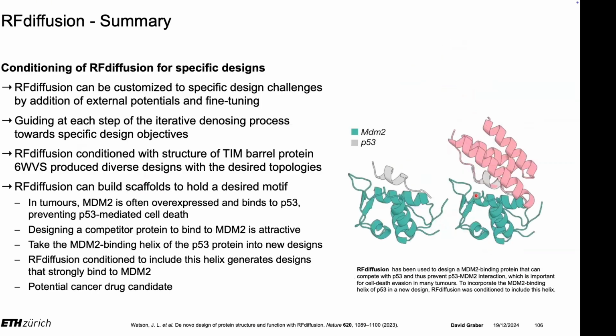Another thing they showed in their paper is that they can build scaffolds to hold a desired protein motif. So I quickly have to explain this because it's not that simple. P53 is a famous tumor suppressor. It's present in all our cells, and whenever the cell turns cancerous, P53 is supposed to initiate cell death.